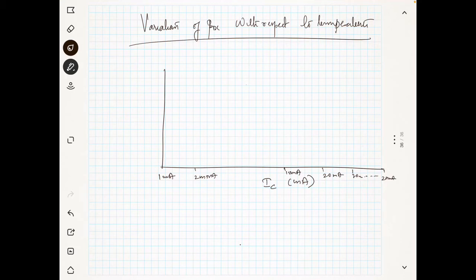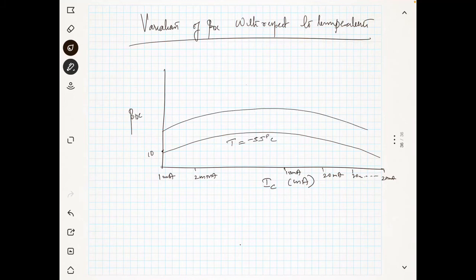Suppose you have a beta DC of 10, and you can see that it will vary something like this, at junction temperature of minus 55 degrees Celsius.